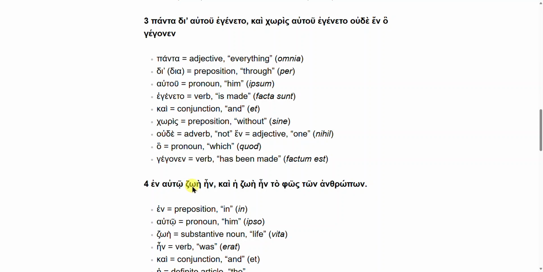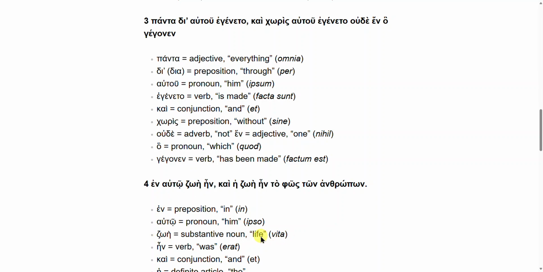We have the omega, the long or great O, and then we have an eta with grave accent. So we have zoe, and try to lengthen that O sound when you read the omega. Zoe, en auto zoe, in him, life.